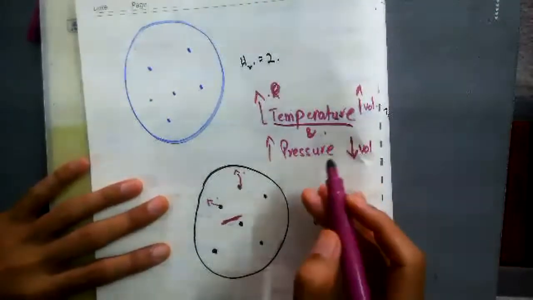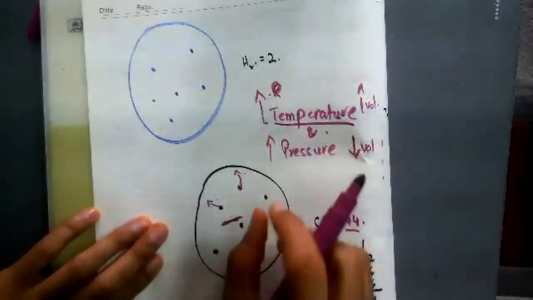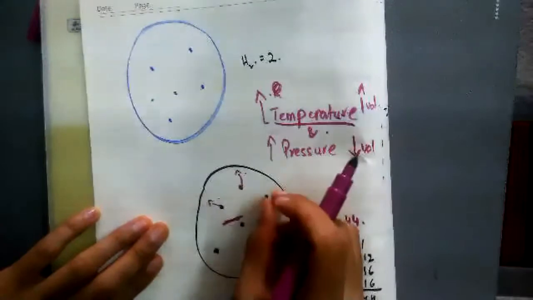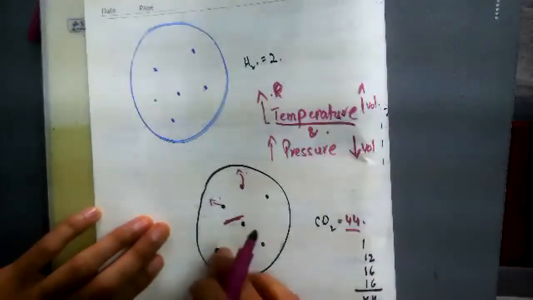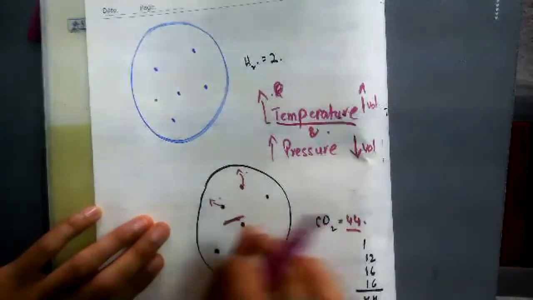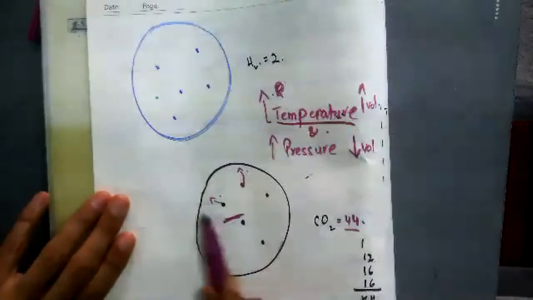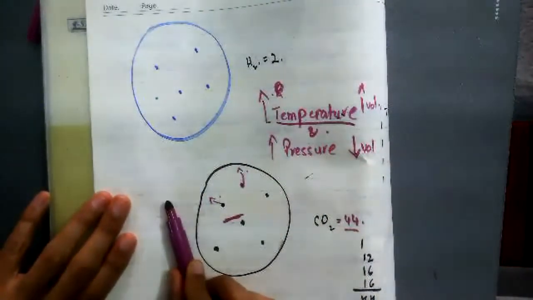One thing. Second thing is that the molecules are so tiny. I cannot emphasize enough that the actual volume of the molecule itself is negligible compared to the whole space that the gas is occupying. Did you understand me?